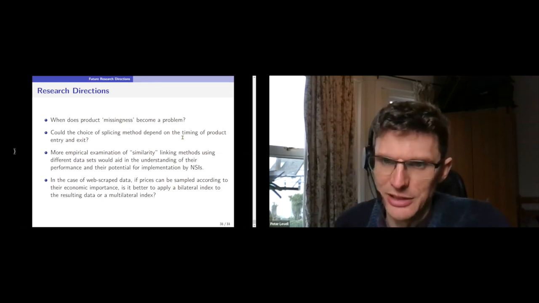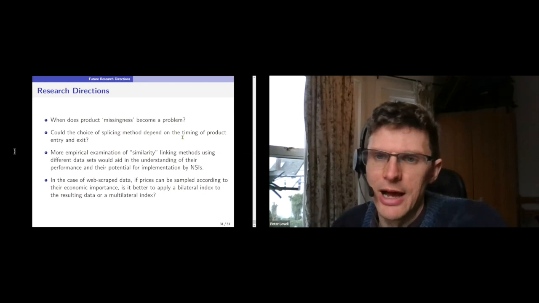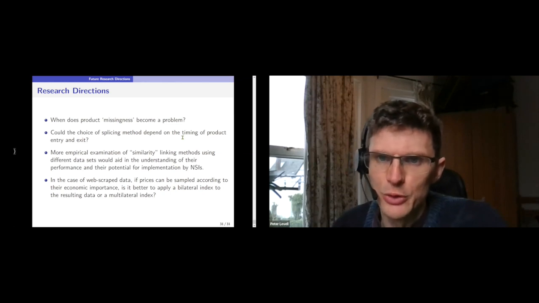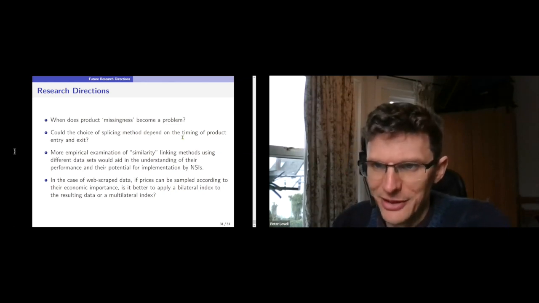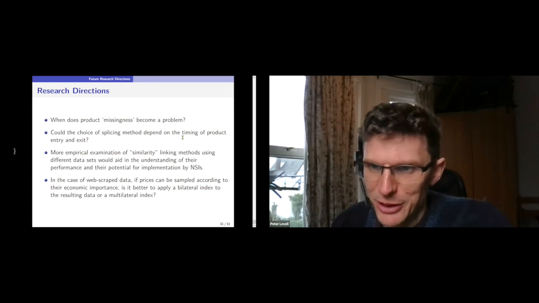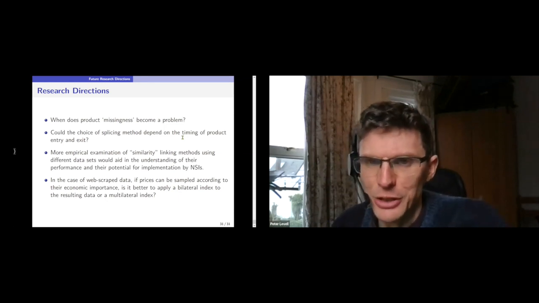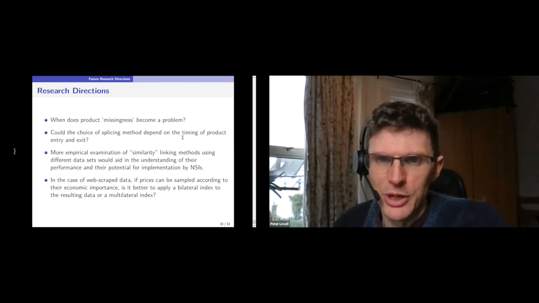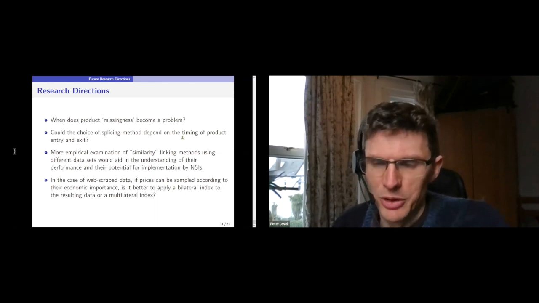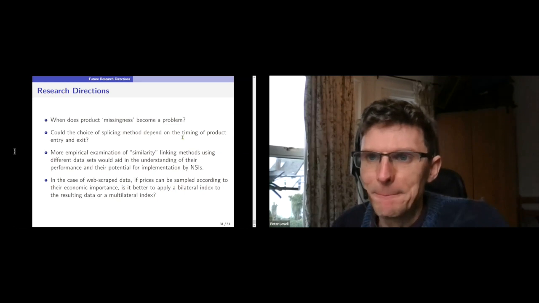Is it related to seasonally disappearing goods? And is there some way of weighting the bilateral comparisons in the geometric mean in a way that means this is less of an issue? So there's a set of questions about missing products and basically how to deal with them.